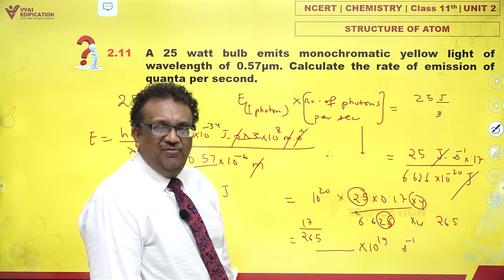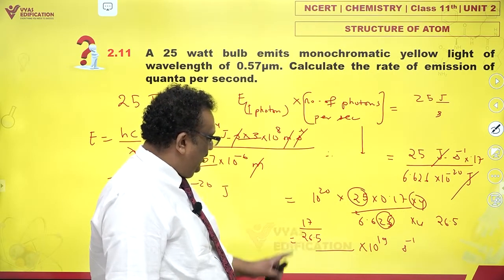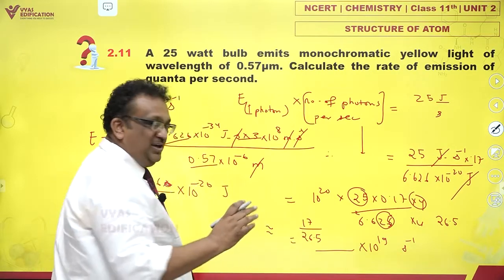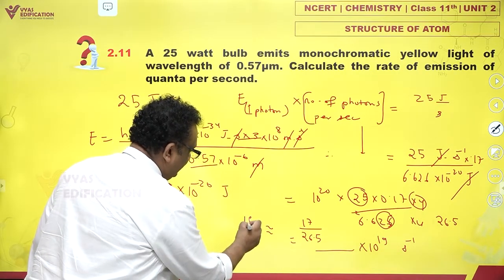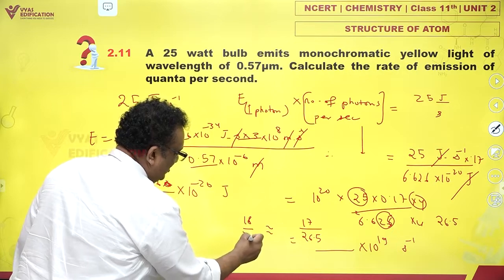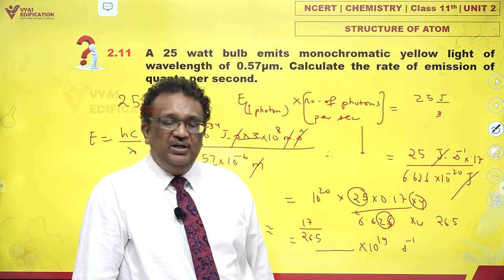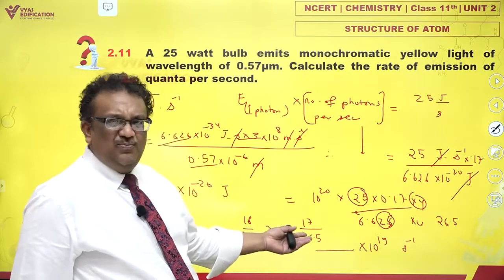That does not sound like a very encouraging number. Let me say it very approximately. A little more than 17 is 18. A little more than 26.5 is 27. 18 by 27 is 2 by 3, that is 0.67. So it's 6.7 something.